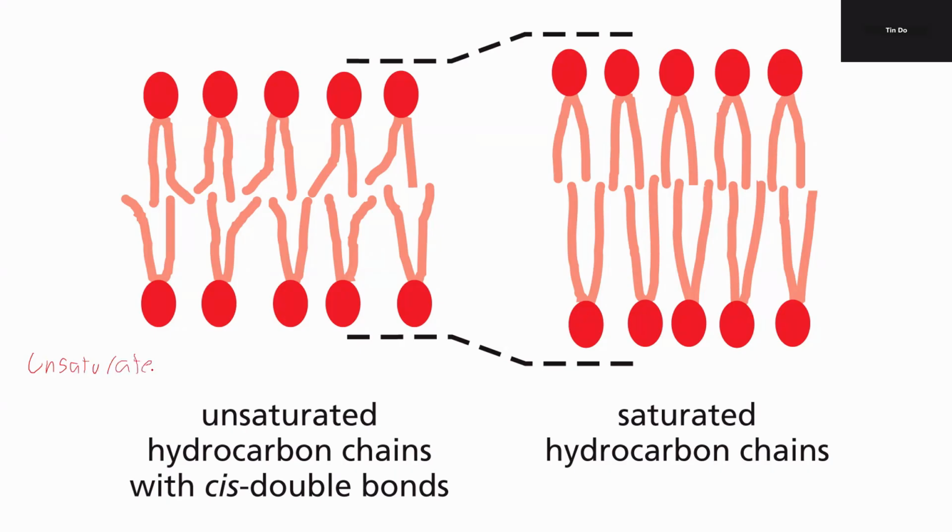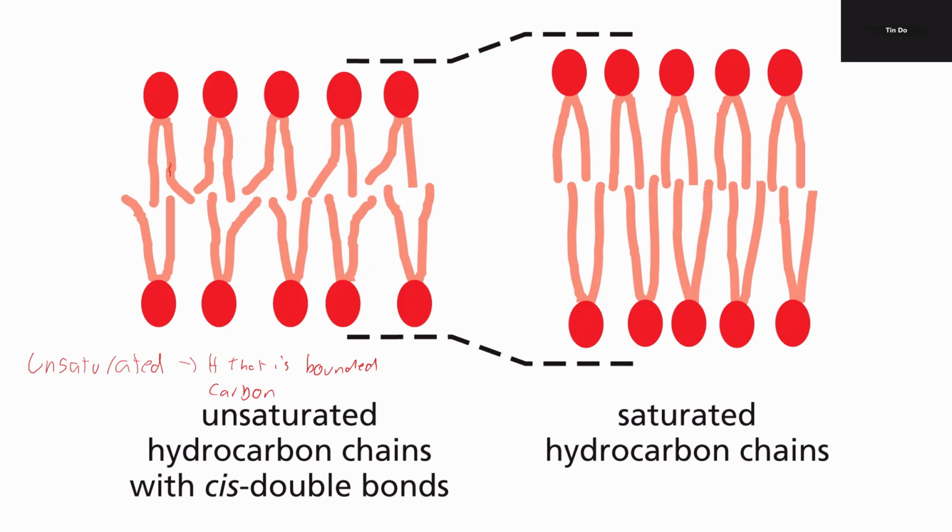Saturation represents the amount of hydrogen that is bonded to carbon, right? If we are unsaturated, that means those carbon bonds are not fully saturated with hydrogen, which means there is a double or a triple bond somewhere in the fatty acid chain.